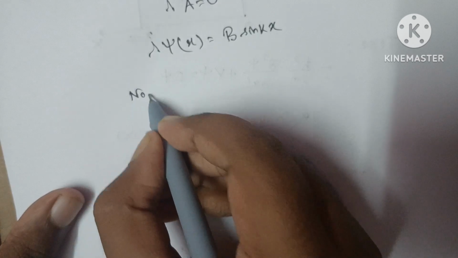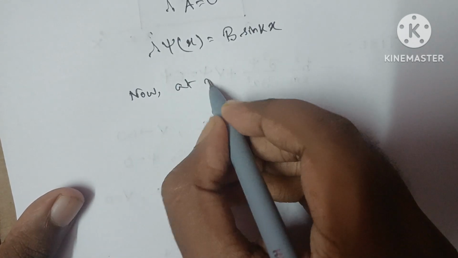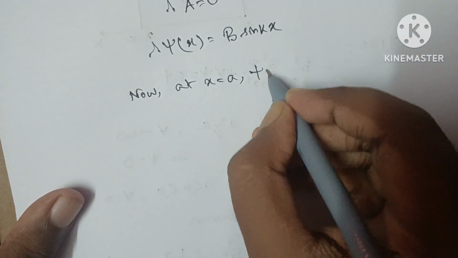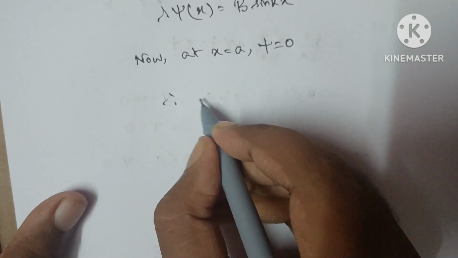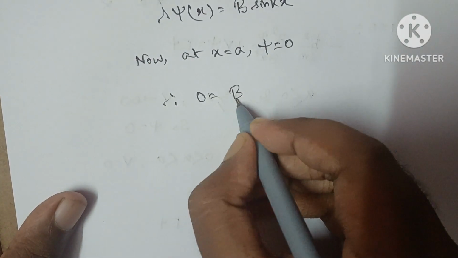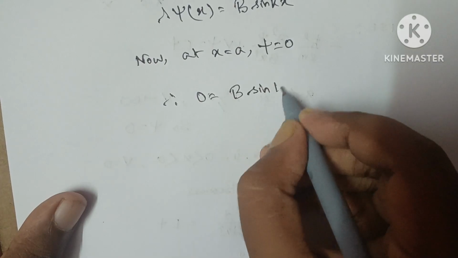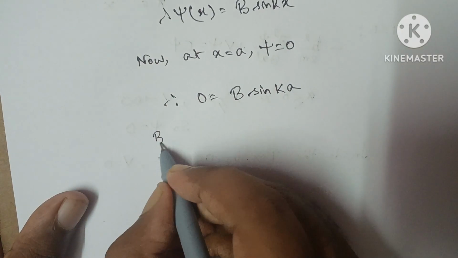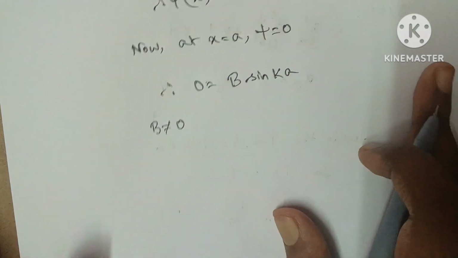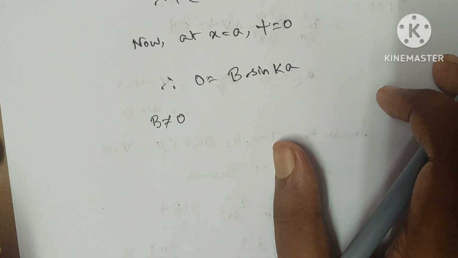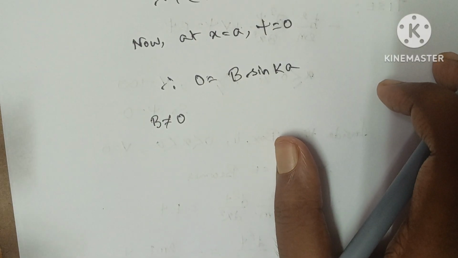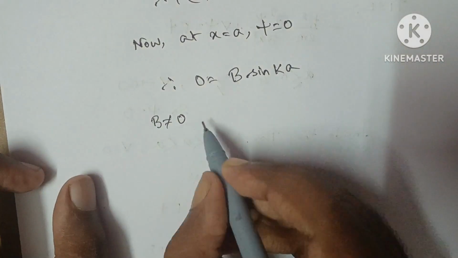Now at x equal to a, psi equal to 0. Therefore 0 is equal to b sin ka. B is not equal to 0, because otherwise the whole wave function will become 0 and the particle will be nowhere, which is impossible. Therefore sin ka equals 0.